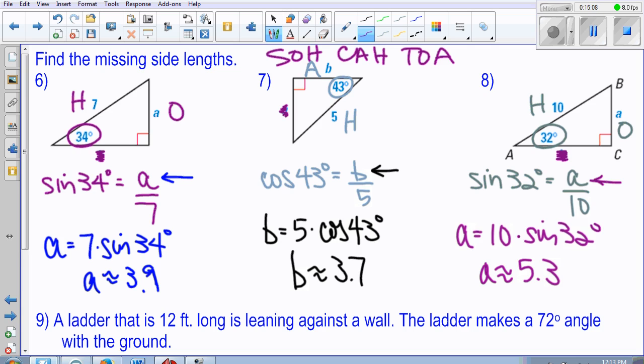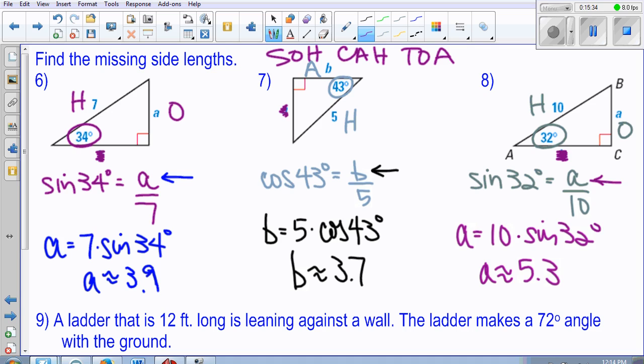Okay, so again, previously we had learned that Pythagorean theorem helps us find a missing side of a right triangle, but it has a stipulation that you have to know 2 of the 3 sides. That's not always the case. All of the problems we've talked about in this video, we didn't have 2 of the 3 sides. We only had 1 of the sides. So Pythagorean theorem wasn't going to help us in those cases.